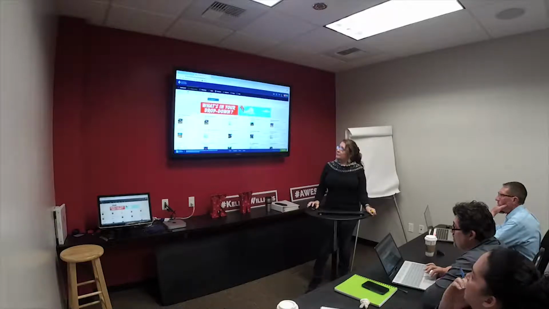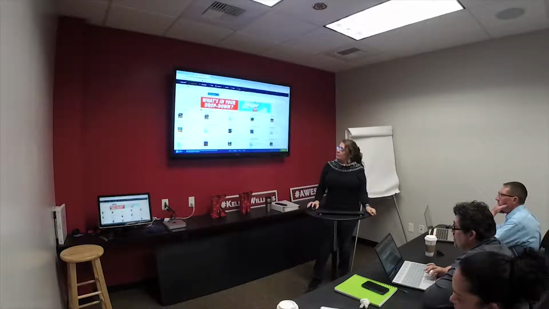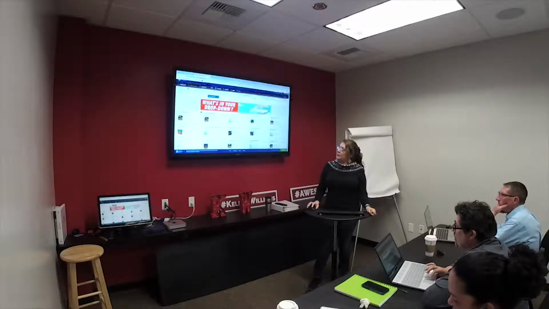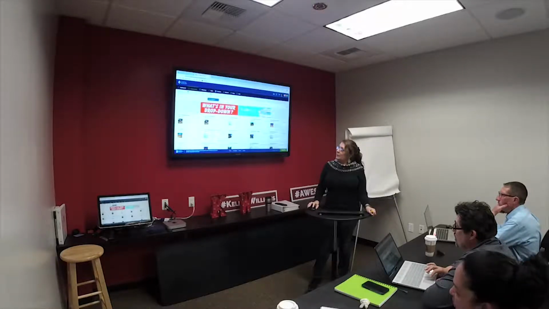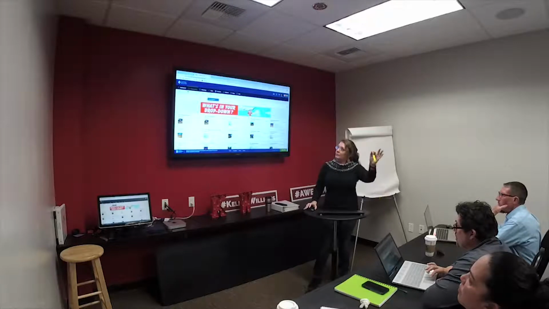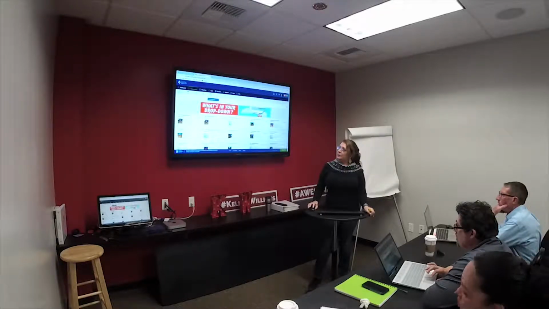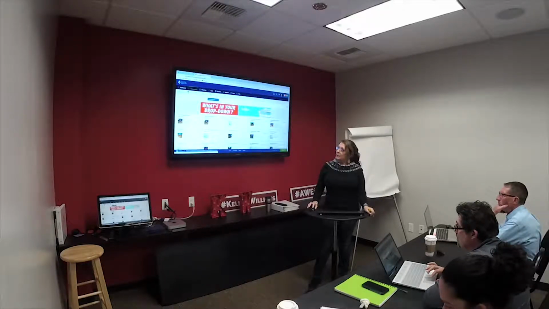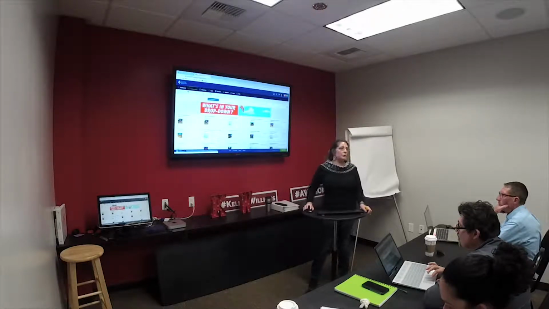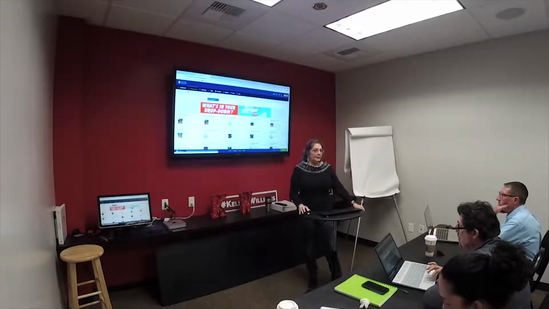This is the first screen that you get when you go into ZipForms. Now you're going to take a listing. You need to put this into a transaction. You are going to apply the template.